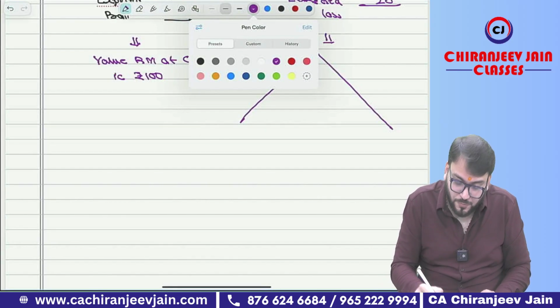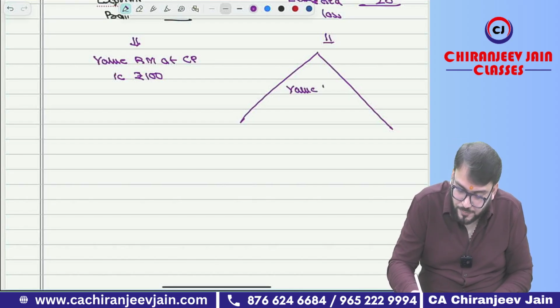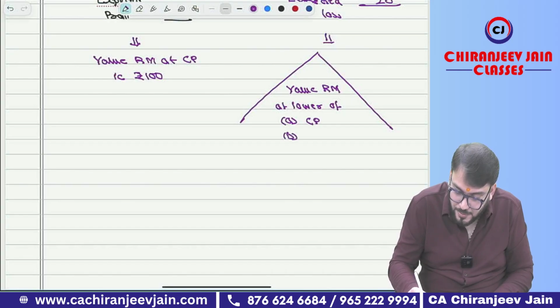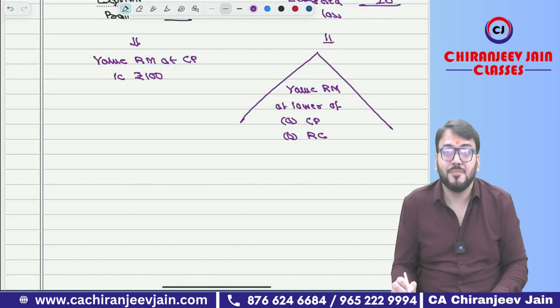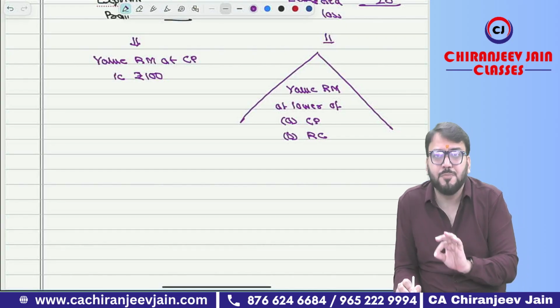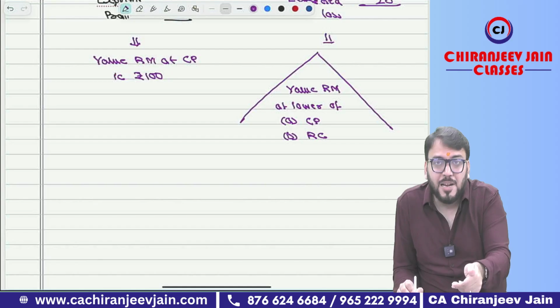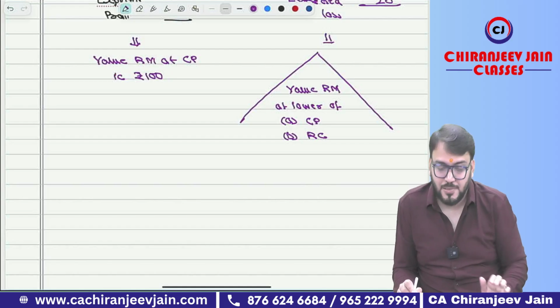So we need to value raw material at the lower of A, cost price, B, replacement cost. RC means replacement cost. Replacement cost means at what price it can be purchased today.